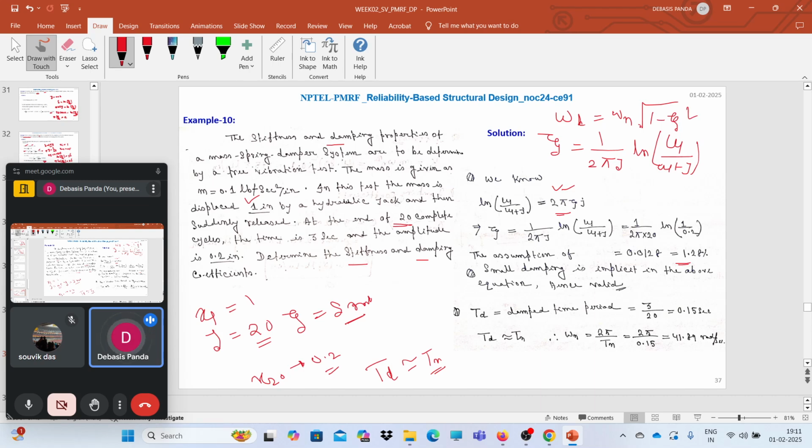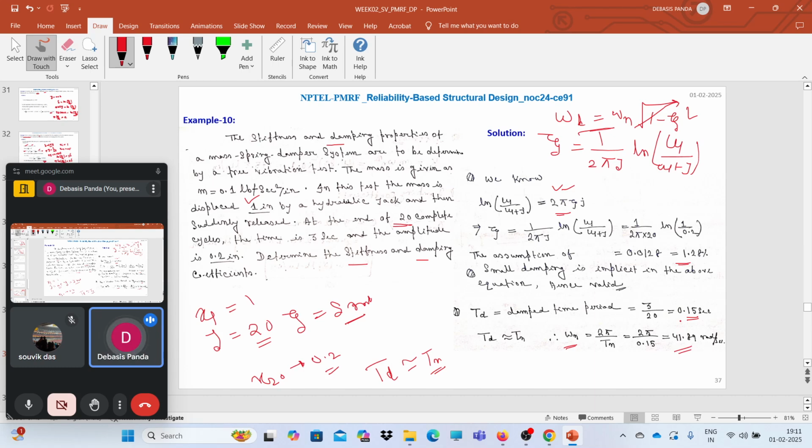Now zeta is very small, that means we can neglect this part, so omega d becomes omega n. So what will be the damped time period? It's nothing but this, and subsequently the natural frequency omega n is equal to twice pi by Tn. Or we can directly write omega d is equal to omega n, and omega d we have already found. So omega n comes as 41.89 rad per second.